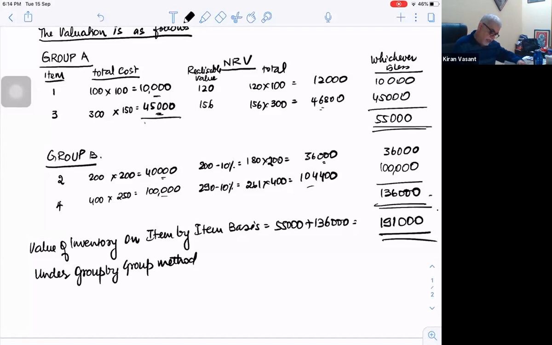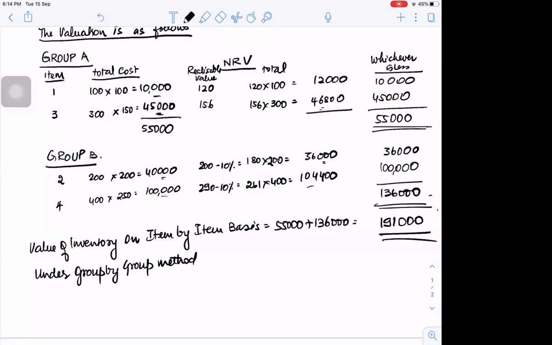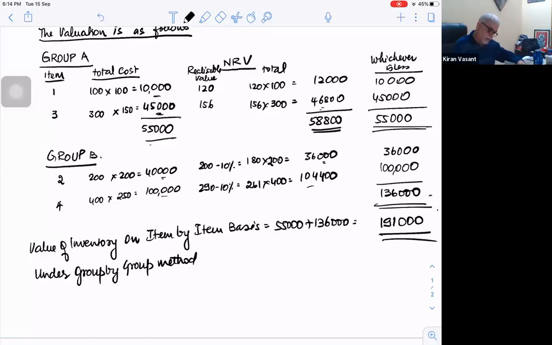You have to find the total here, 55,000. Here it is 58,800. And this one would be 1,40,000, and this one would be 1,40,400.